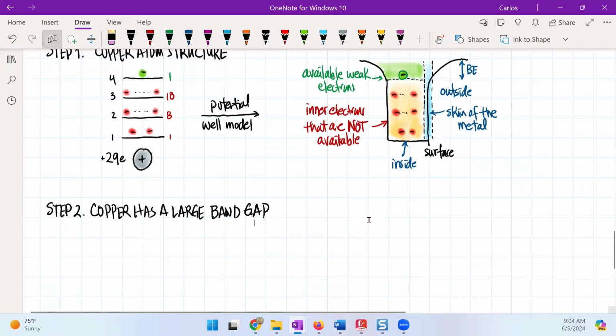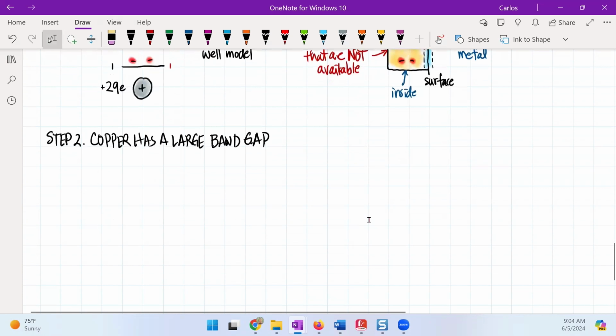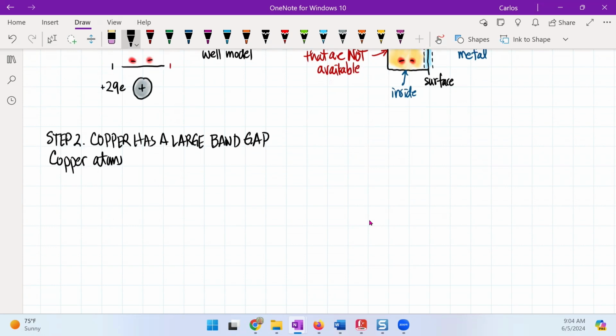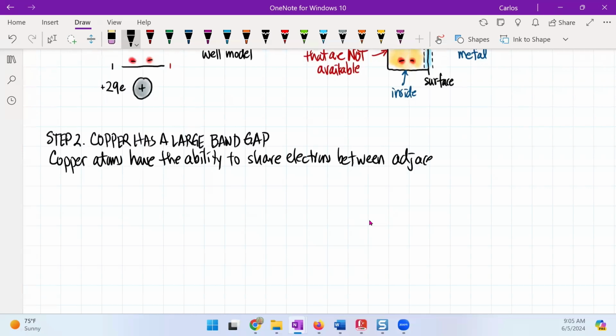So when I look at this, what we've said already here is that copper atoms have the ability to share electrons between adjacent copper atoms.